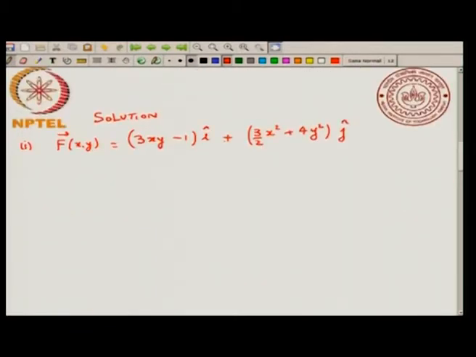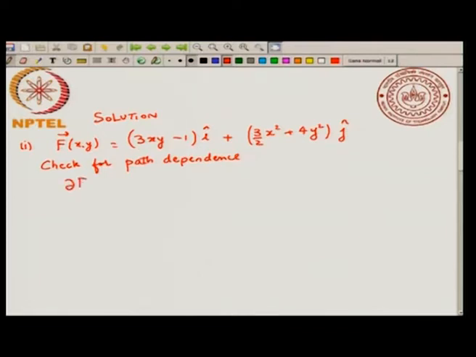Now, the first thing you can do is to check for path independence. To do that, you take the derivative of the x component of the force with respect to y.